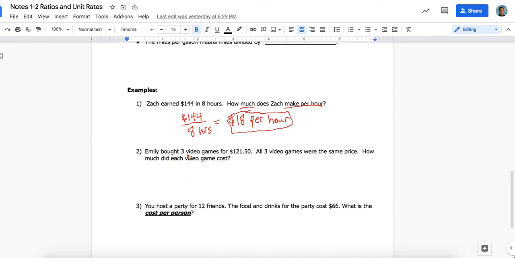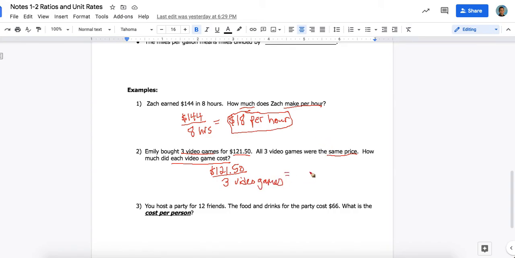All right, number 2. Emily bought 3 video games for $121.50. All 3 video games were the same price, so that's important. How much did each video game cost? So I want to know the cost per video game because I want to know the cost of each one. So since I want to know the cost of each one, we're going to take the cost, which is $121.50, and we're going to divide that by 3 video games.